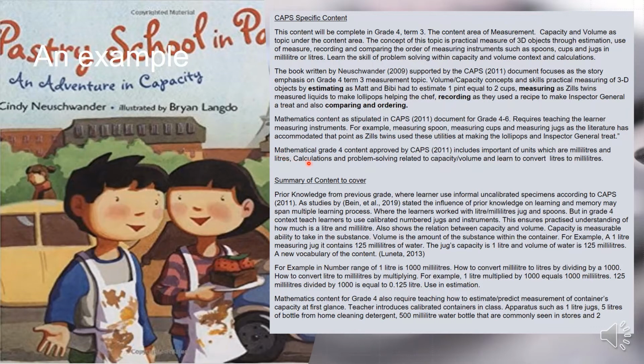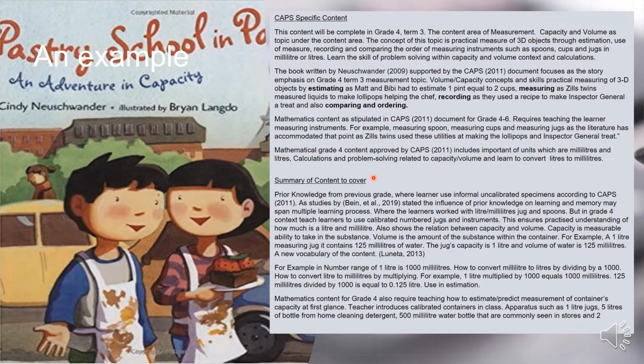The grade 4 mathematics content approved by CAPS includes the importance of measuring units, which are milliliters and liters, and the calculations of problem solving, relating it to capacity and volume, and learning to convert liters to milliliters.